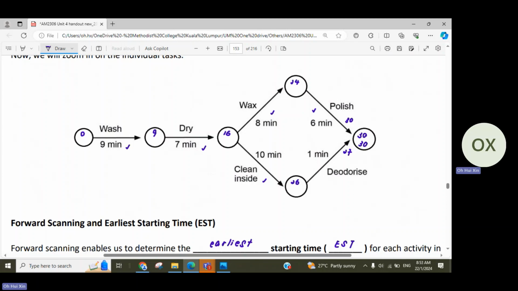So let's try to understand it from the idea of deodorize first. Since for deodorize you only need 1 minute, you can actually start this activity as late as 29 minutes and still finish within 30 minutes, right?